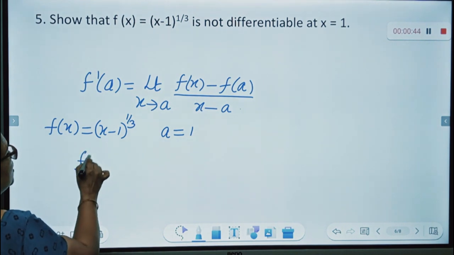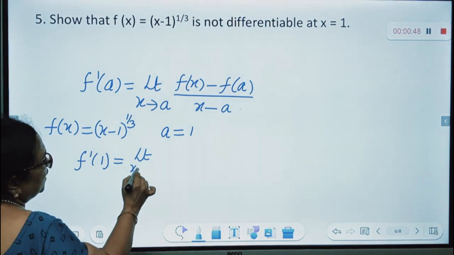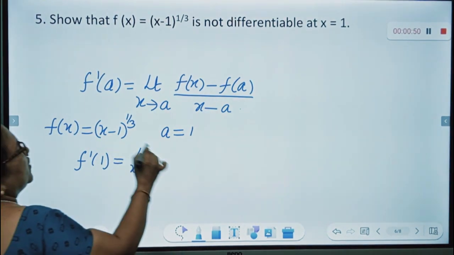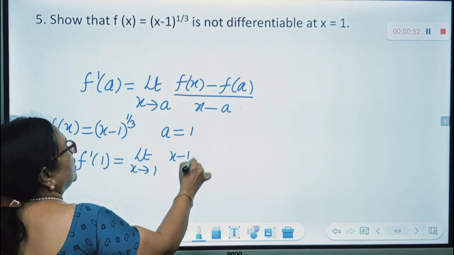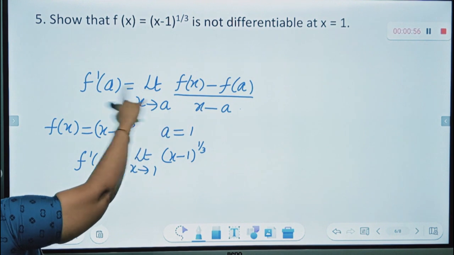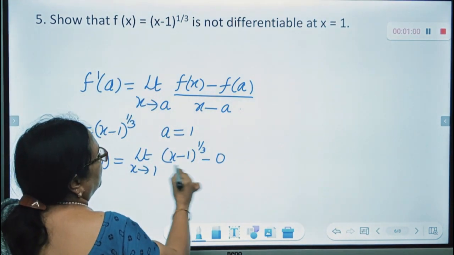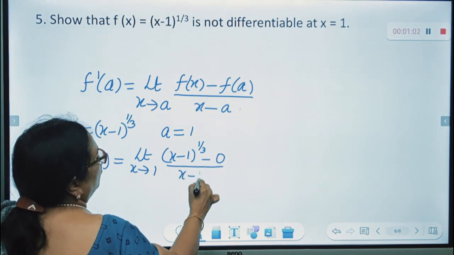Therefore, f dash of 1 equal to the limit as x tends to 1. What is f of x? x minus 1 the whole power 1 by 3. What is f of a? When I put x equal to 1, I will get 0, by x minus 1.